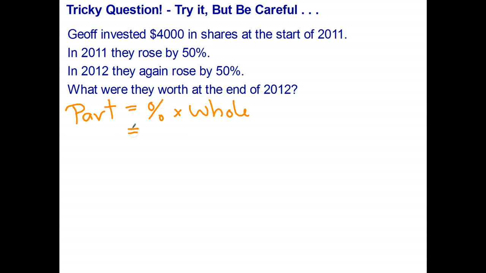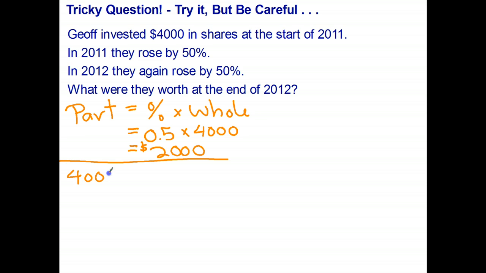The percent is 50% or 0.5 or 1/2 times 4,000, and therefore the shares rose by $2,000 at the end of the first year. Now that, of course, is the increase, so the new amount is the original $4,000 plus the $2,000 increase, and after 1 year, the shares are now worth $6,000.